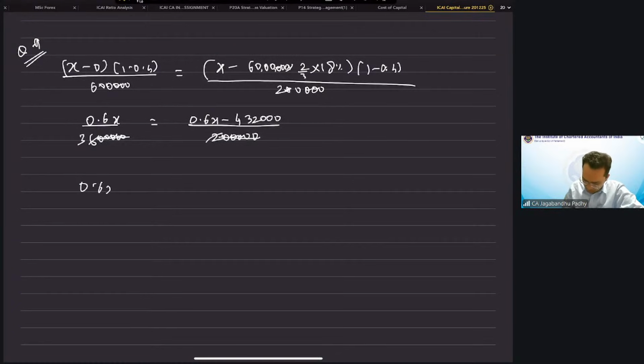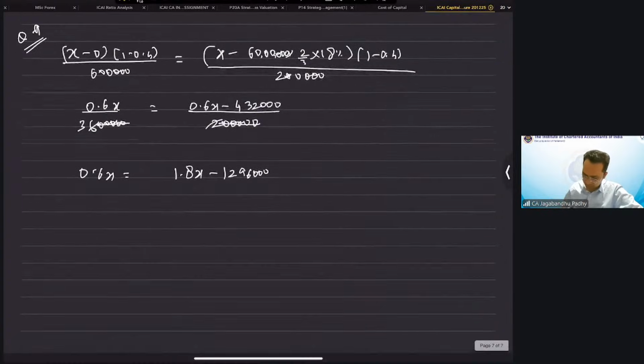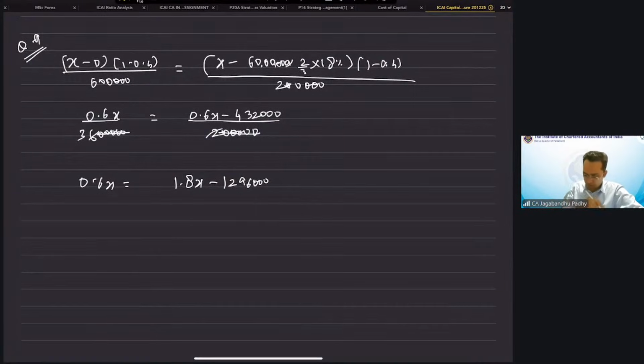So 0.6x is equal to 3 going on the other side, 1.8x minus 4,32,000 into 3, which is 12,96,000. Right, so we can take 1.8x on the other side.